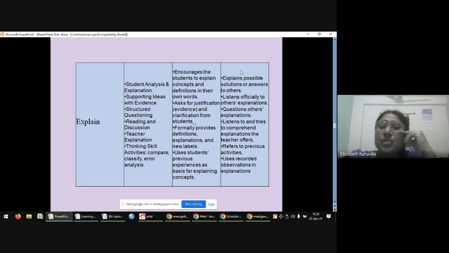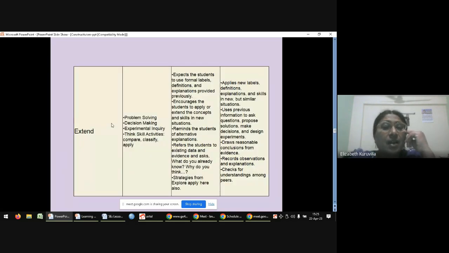Coming to the student activity, the student explains possible solutions or answers to others, listens officially to others' explanations, questions others' explanations, listens to and tries to comprehend explanations the teacher offers, refers to previous activities, uses recorded observations in explanation. So these are the teacher's activity.